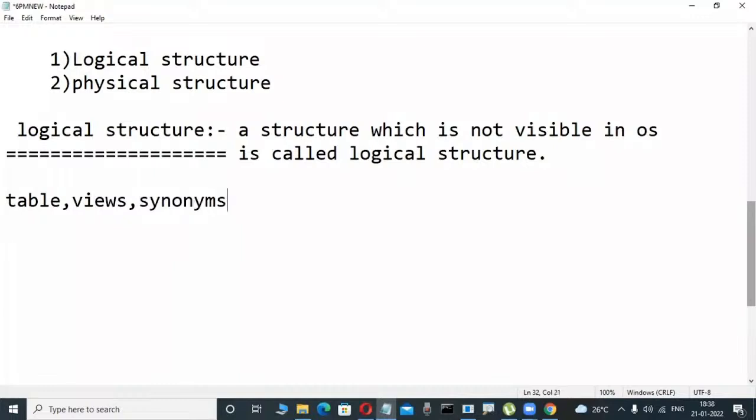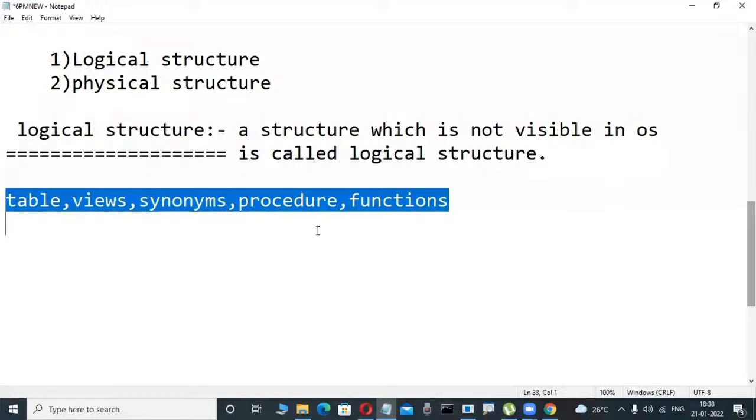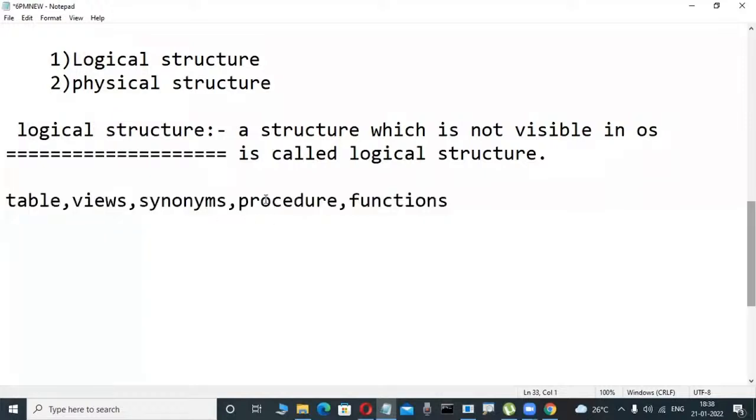These are all database objects. Procedures, functions, triggers, packages. So many things. These are all logical structure, not visible in the operating system.